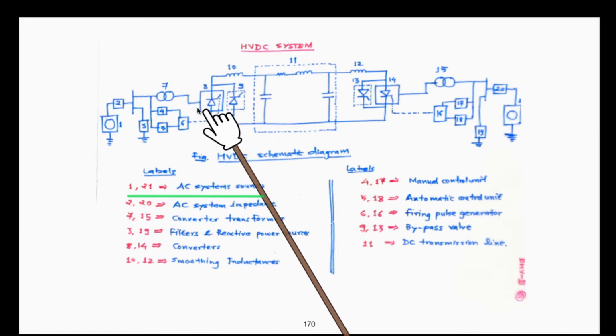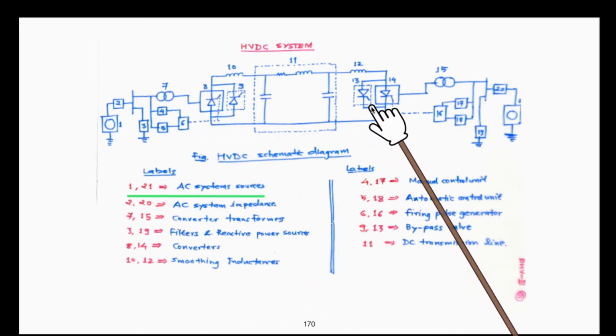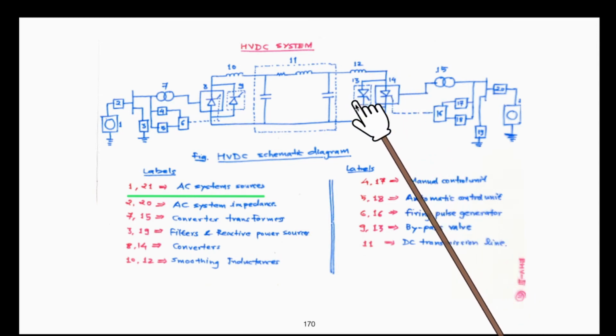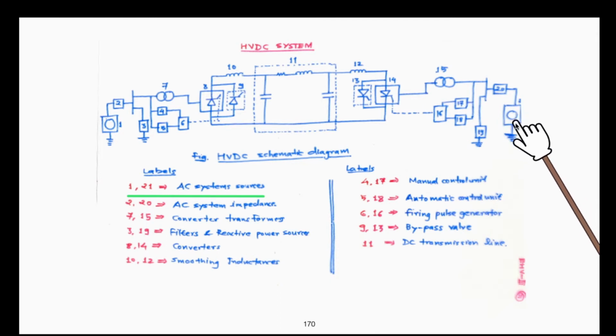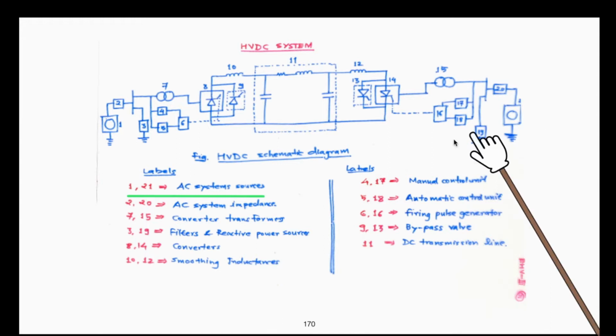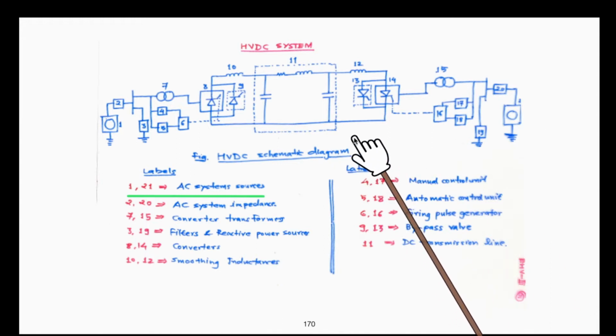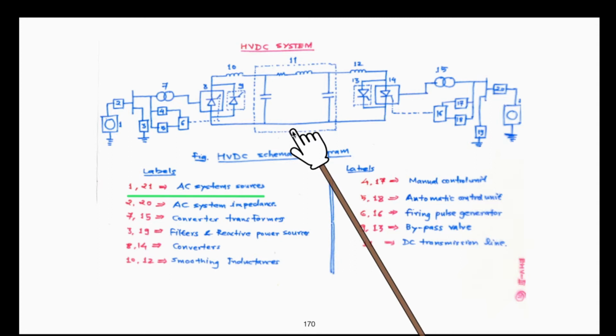So power will get transferred from one AC network after rectification all the way to some distant place where there is again conversion from DC to AC, and then connecting AC network, because most of the loads and everything are in the AC form, isn't it? So what are the major components present in this particular diagram, right?